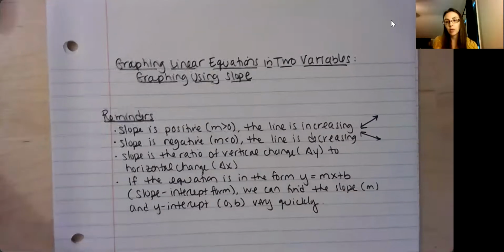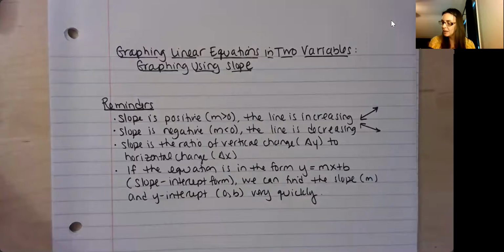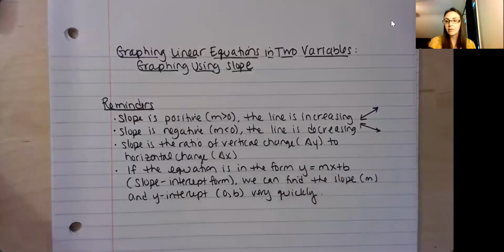And that's really the idea we're going to use here to help us graph, is particularly if we have an equation that is in this form y equals mx plus b, we can find that slope and the y-intercept very, very fast. So why don't we use them to help us graph?